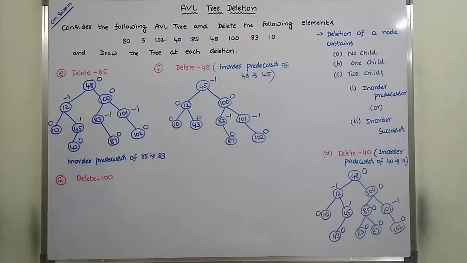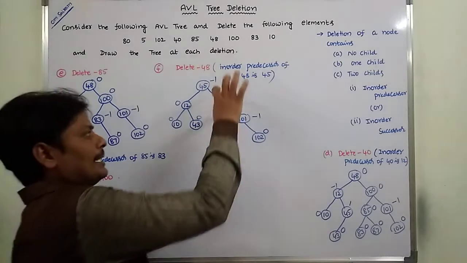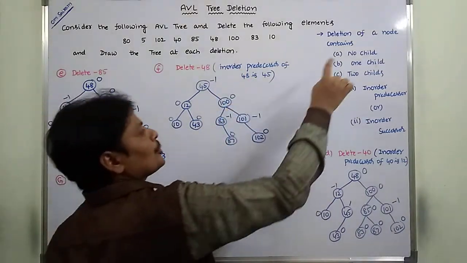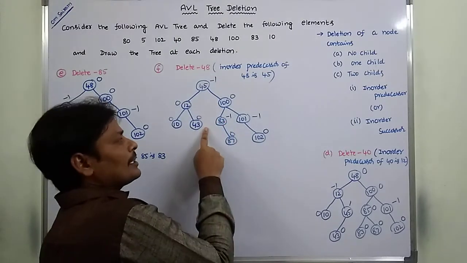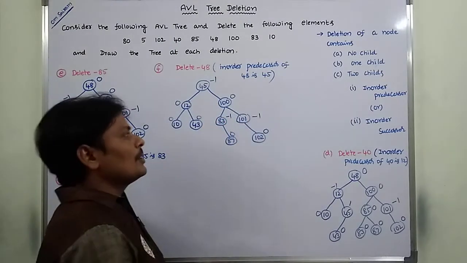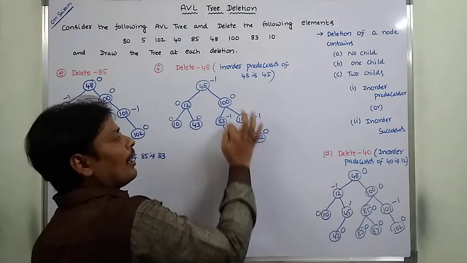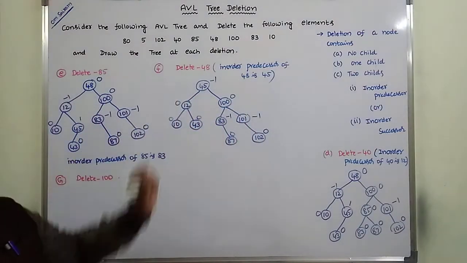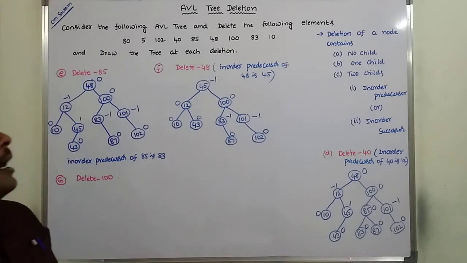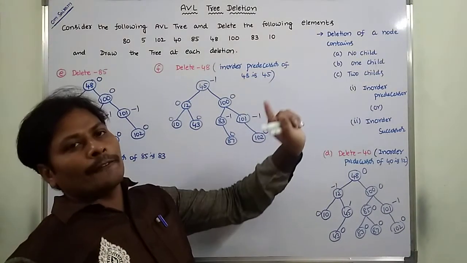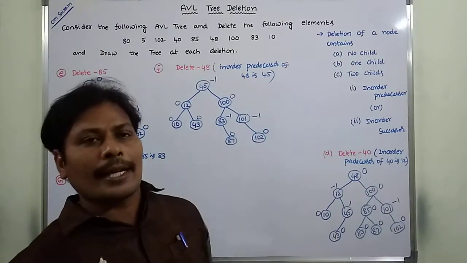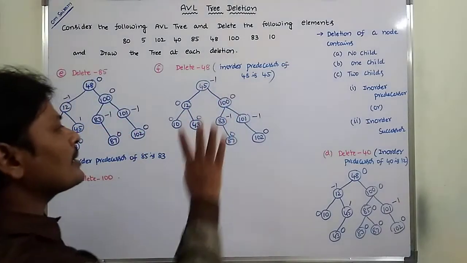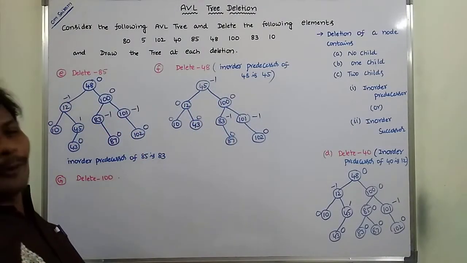Both are equal. Now, this is the deleted node that is found. So this node has two children, a left child and a right child. Now this node can be replaced with the in-order predecessor of that node or the in-order successor of that node because it has two children. Now I am considering the in-order predecessor only.